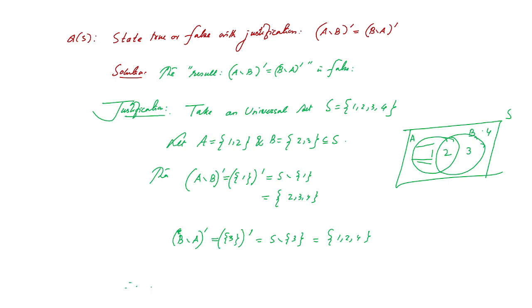So what did we observe? We observed that in that case (A minus B) complement is not equal to (B minus A) complement. So the statement is false, and that is justified with the help of this particular example.